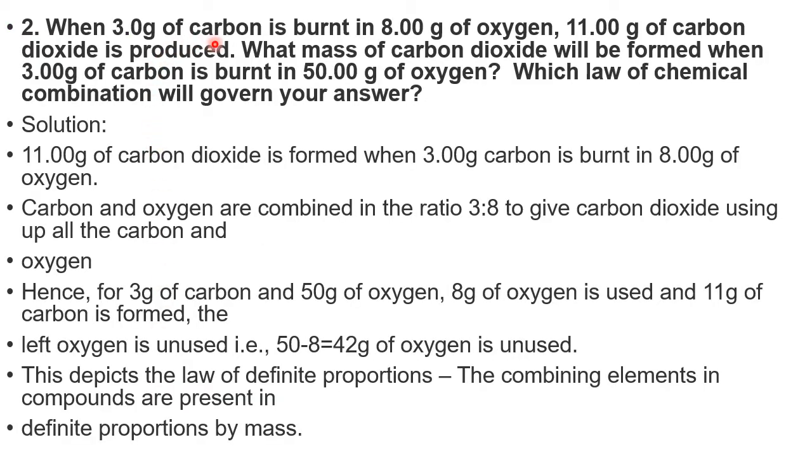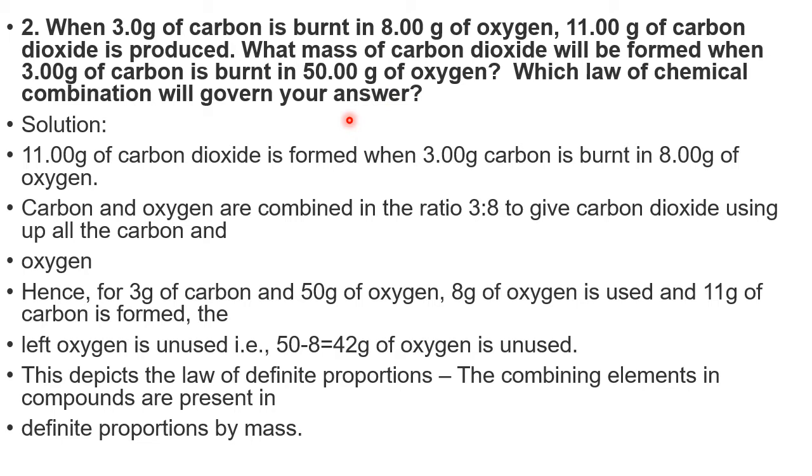When 3 gram of carbon is burnt in 8 gram of oxygen, 11 gram of carbon dioxide is produced. What mass of carbon dioxide will be formed when 3 gram of carbon is burnt in 50 gram of oxygen? Which law of chemical combination will govern your answer? Okay, right.